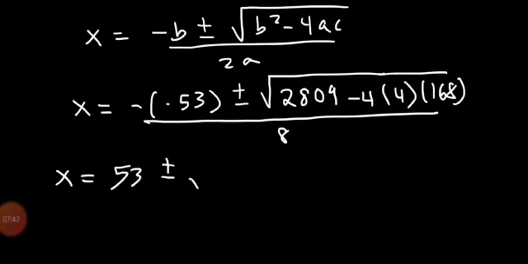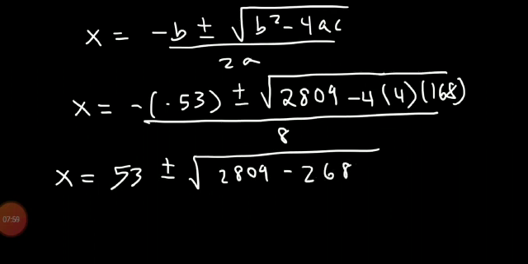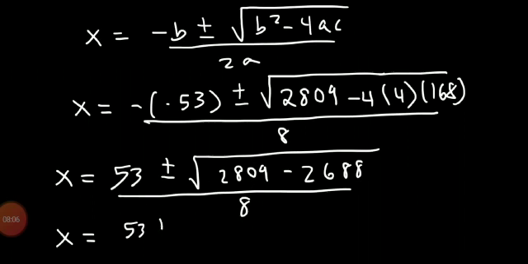Minus into minus is plus 53. 2809 is the product of the value of b with b, because b square means we have to multiply the value of b with itself. 2809 minus 2688.